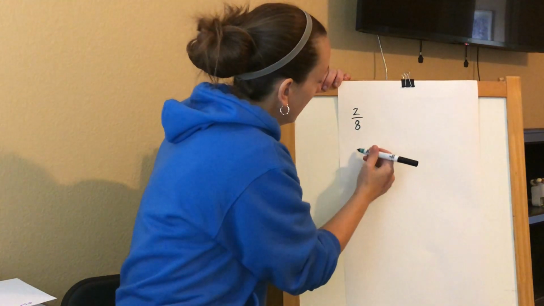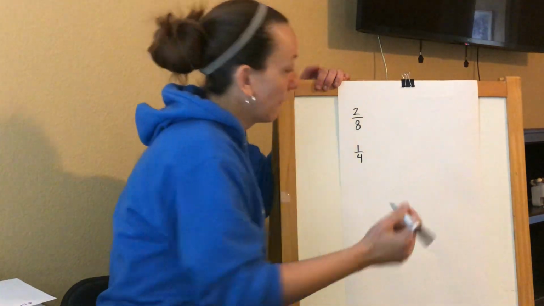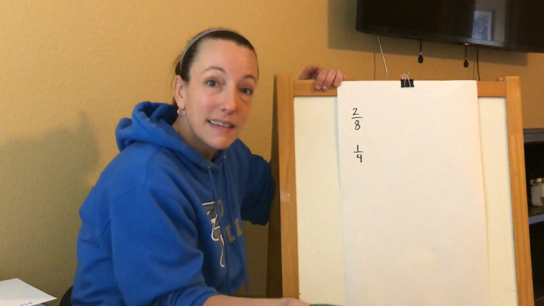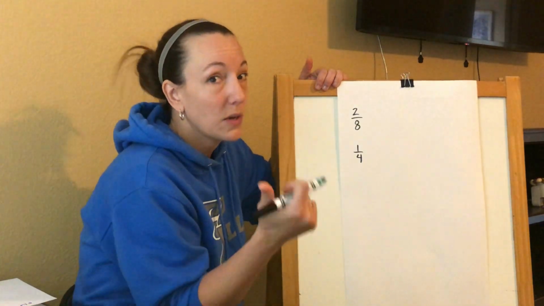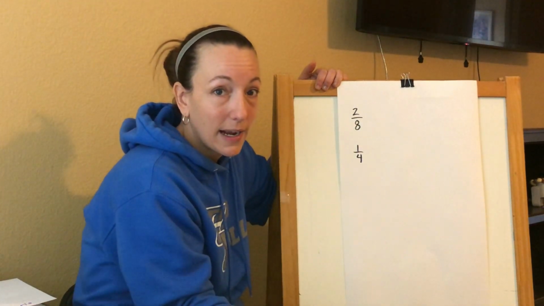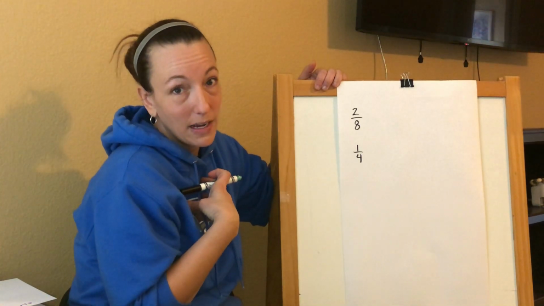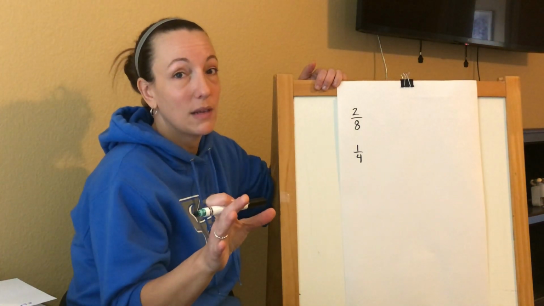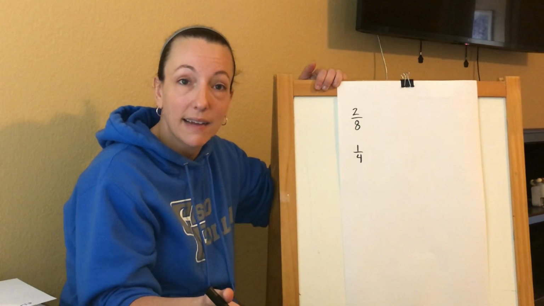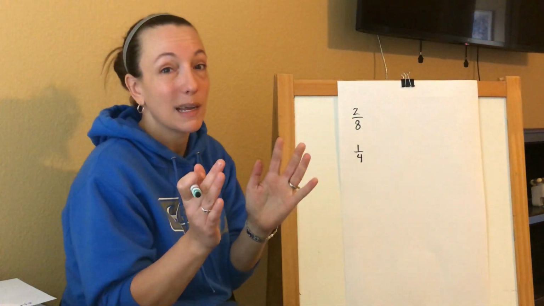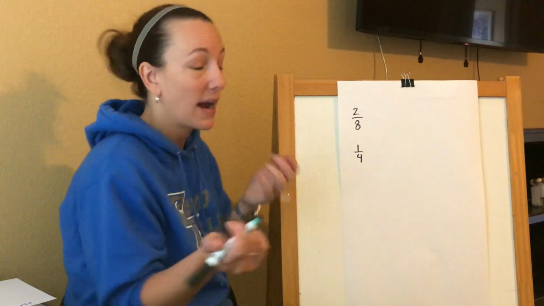You can pick the model that's easiest for you to make sure you have equal sized pieces. So you can do number line or you can do strip diagram. I always think that strip diagram's the easiest, and I'm going to show you a real easy way to make sure that both of the wholes are the same size, because remember, the size of the whole has to be the same or you can't accurately compare the fractions.